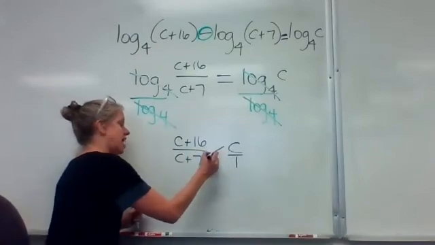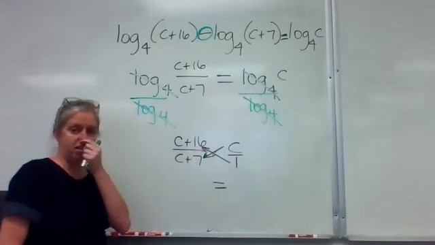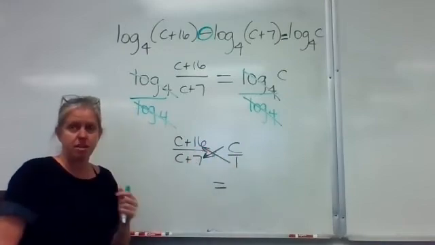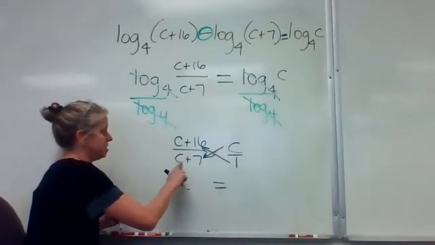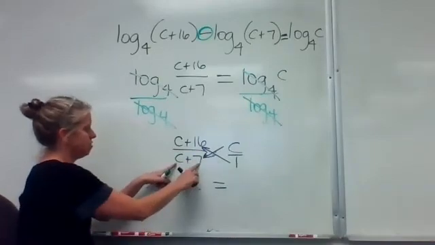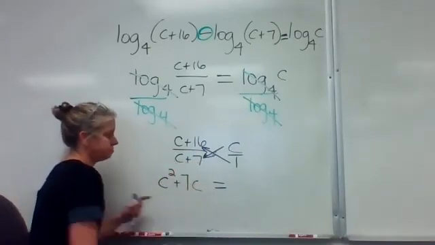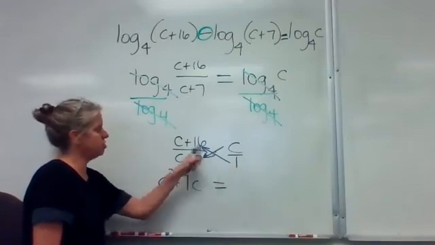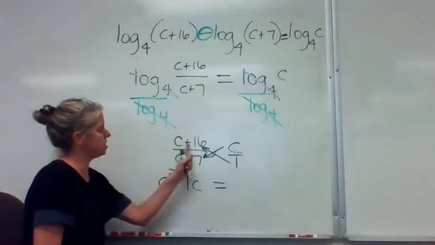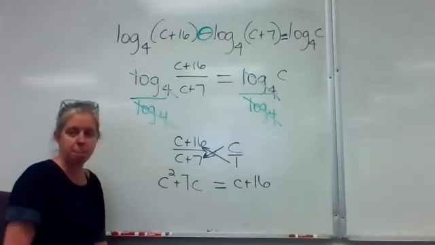So the diagonal multiplication of this is going to be equal to multiplying diagonally the other way. Okay, so let's go this way first. So c times c plus 7. So both of these I'm multiplying times c, which is going to give me c squared plus 7c is equal to, multiply the other diagonal. Well, c plus 16 times 1 is just c plus 16.